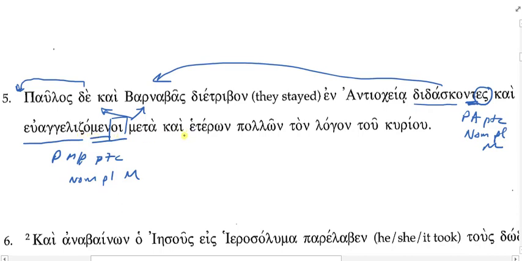Meta kai heteron polon ton logon tou kuriou. So how do we translate this whole mass of words? Okay, the word of the Lord. What case is the word? It's accusative, right? So how do you think this might be related to the sentence? Yes, direct object of the teaching and preaching, right?